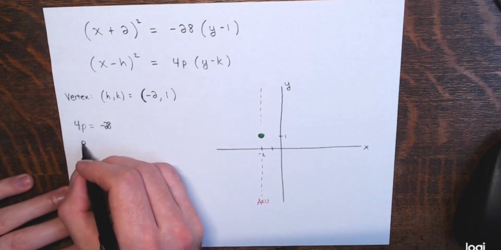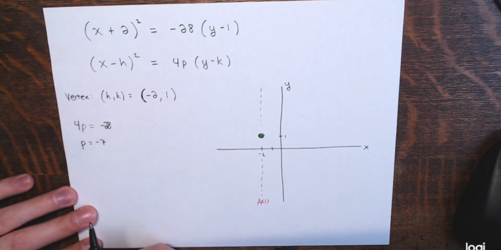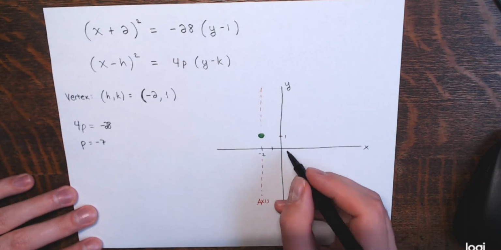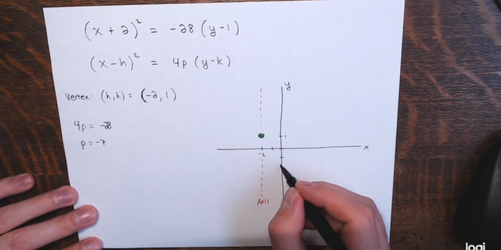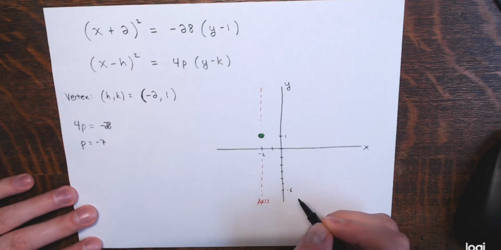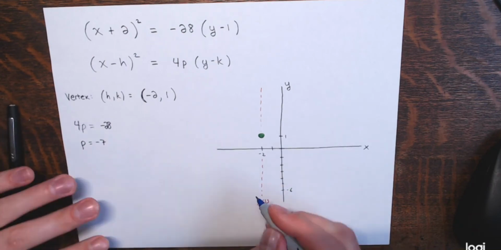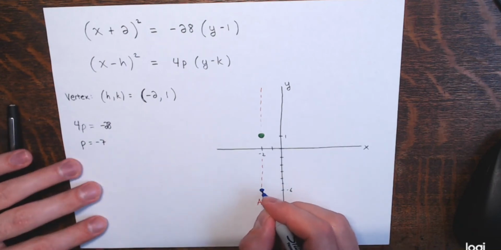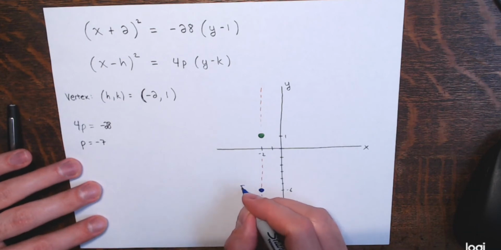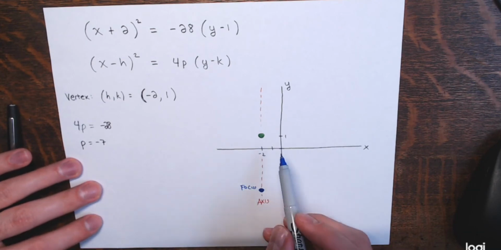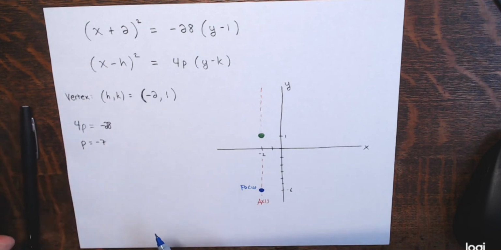So p must be negative 7. And once again, it's negative, meaning the focus is 7 units below the vertex. So 1, 2, 3, 4, 5, 6, 7. All right. So here's the focus. That's at the point negative 2, negative 6.